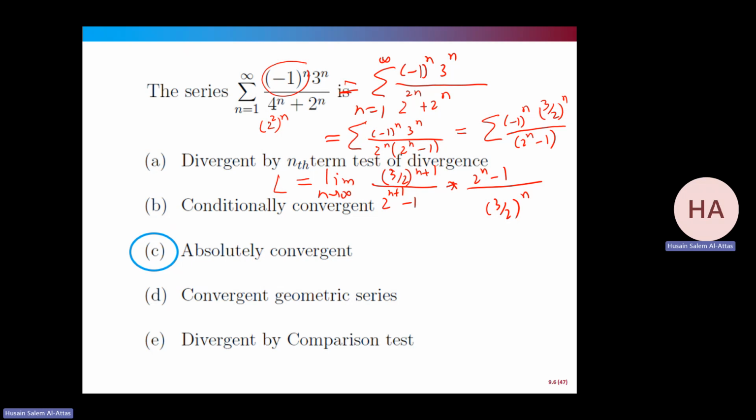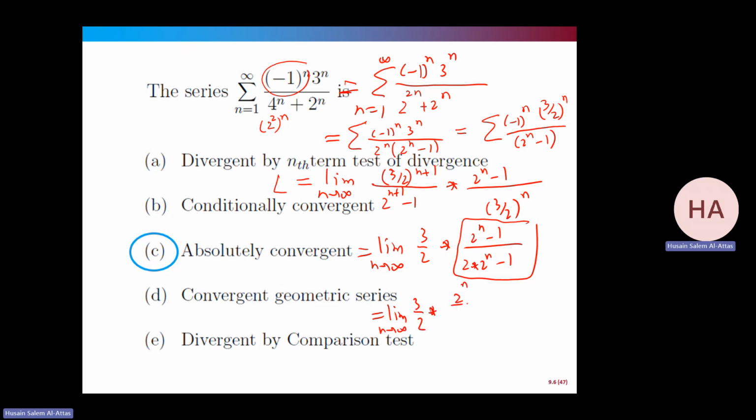Now this one will be the limit as n goes to infinity of 3/2 times this one. This is 2 times 2 to the power n minus 1. So for this one, I'll divide everything by 2 to the power n, every term.